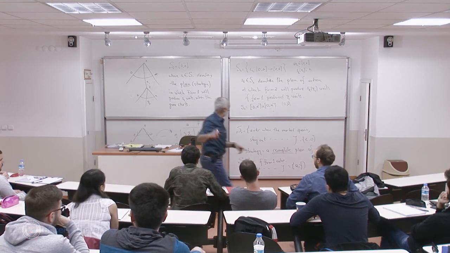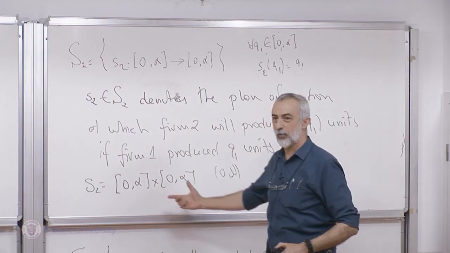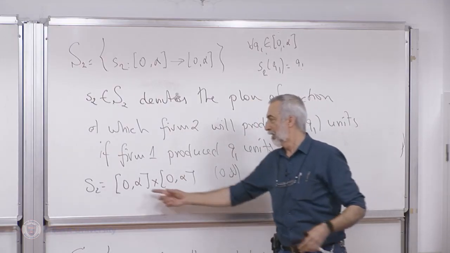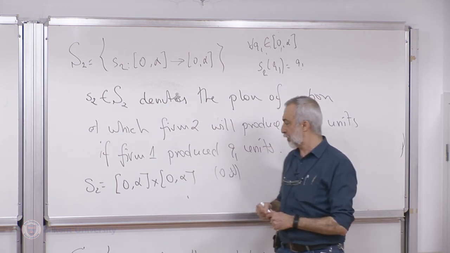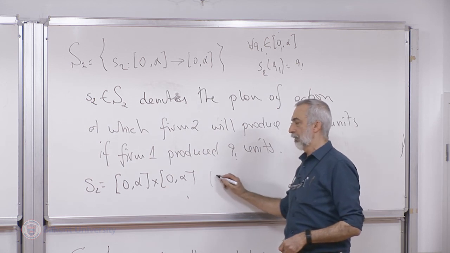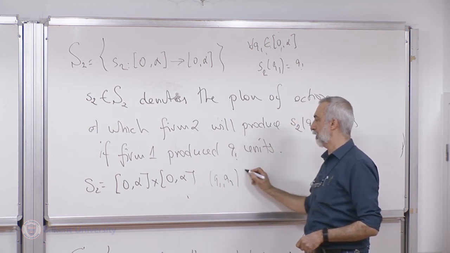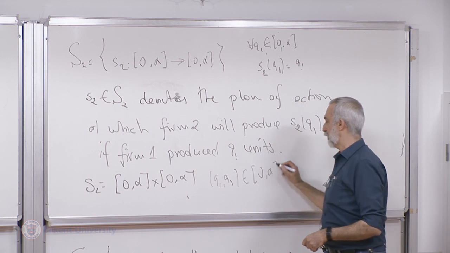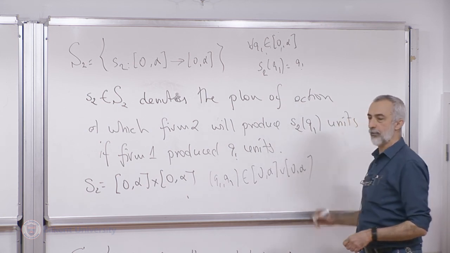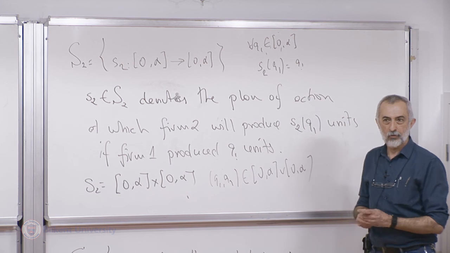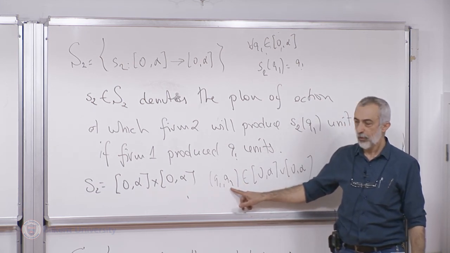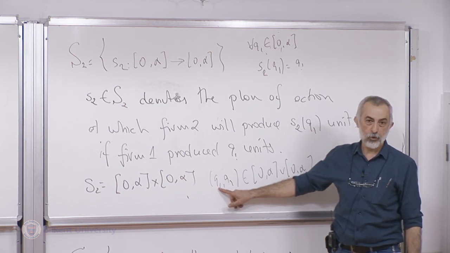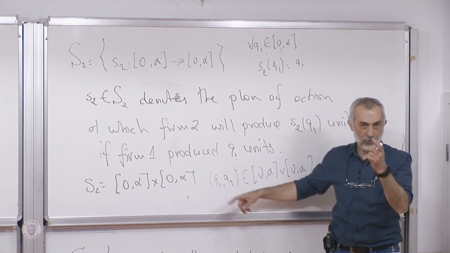So it's important that when you write this, you write down what it means. The interpretation your friend gave is that Q1, Q2 in 0 alpha cross 0 alpha denotes the situation where firm 2 will produce Q2 units when firm 1 produced Q1 units.